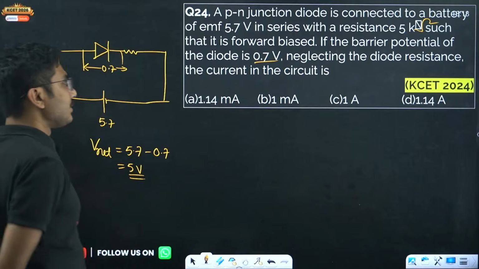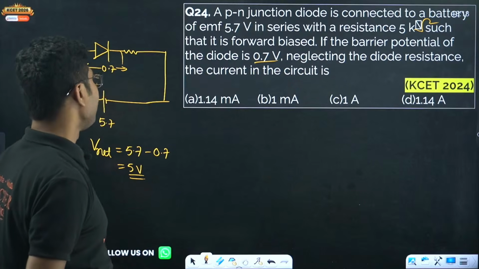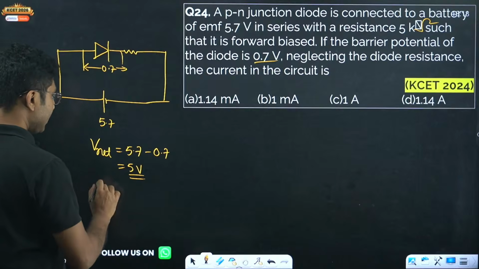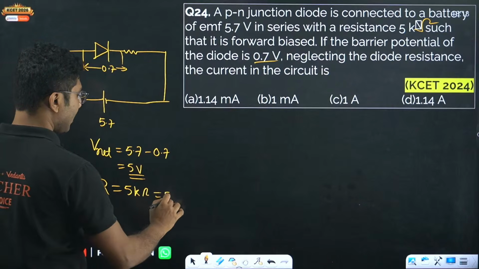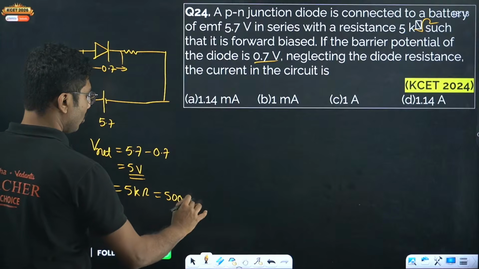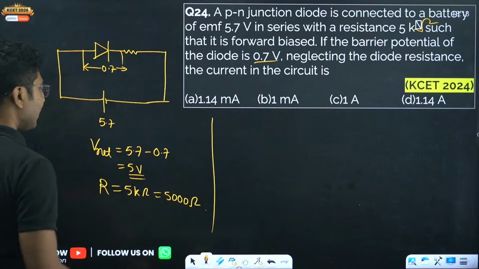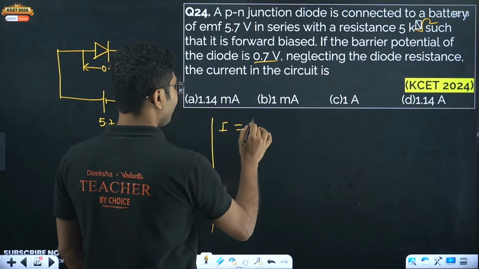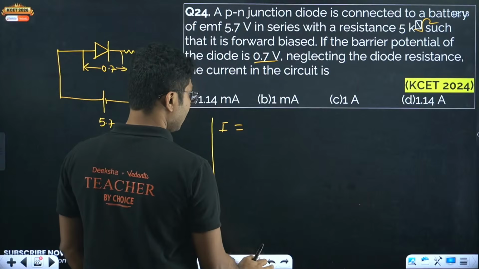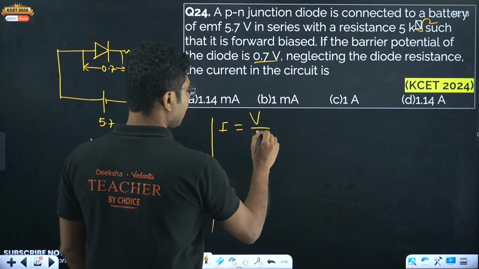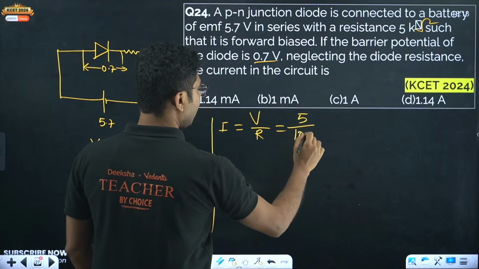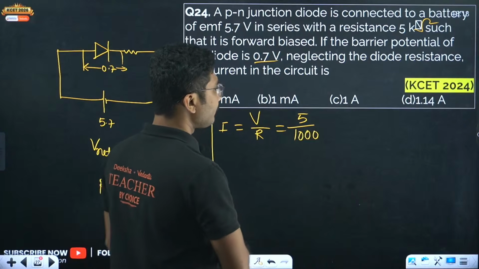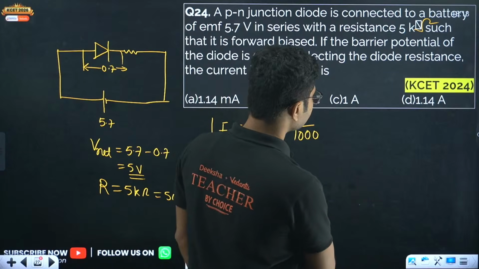The resistance here is 5 kilo ohm, that is 5000 ohm. So what is the current here? The current is very simple, V upon R, that is 5 divided by 1000, that is 5 milliampere.